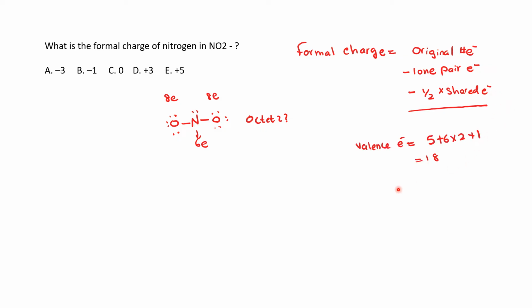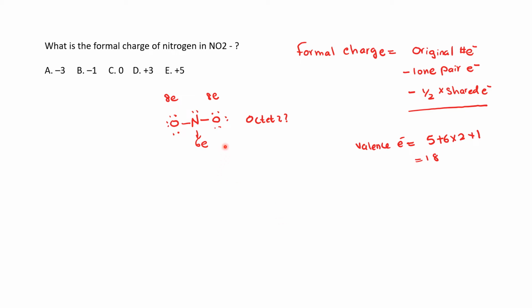And let's count the valence electrons of this ion. Nitrogen brings in 5, oxygen brings in 6, and you have twice that. And because it's -1, we are going to add 1. You have 18 valence electrons.